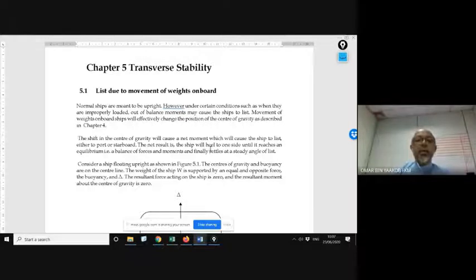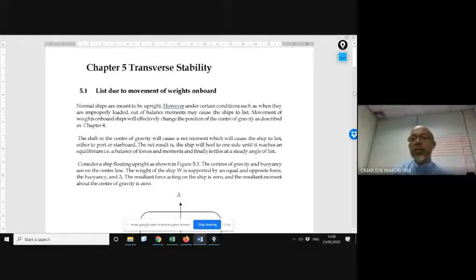As we said earlier, in chapter 4 we introduced that stability can be seen in two aspects: one from the transverse stability point of view, and the second from the longitudinal point of view. From the transverse point of view, we are looking at the port and starboard movement, or the effect of stability in the port and starboard direction.